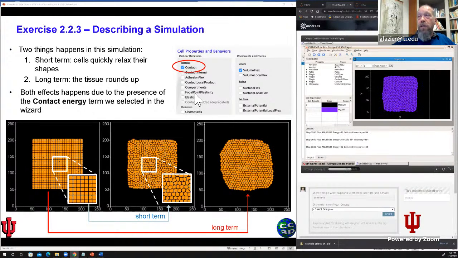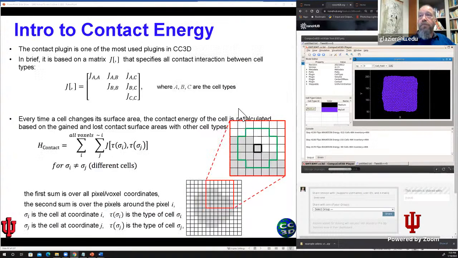The main issue here is that all of this dynamics is happening primarily because of this contact energy that we've specified. We've talked about constraints. The last concept that we're going to introduce today is going to be contact energy. And the contact energy conceptually is very simple.